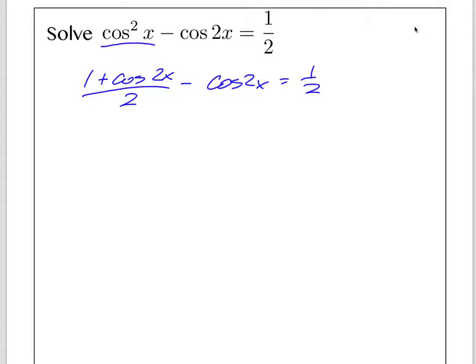I eventually want to get the cosine alone, but I've got to do something before I do that: multiply by 2. Multiply by 2, very good. If I multiply by 2, I end up with that.